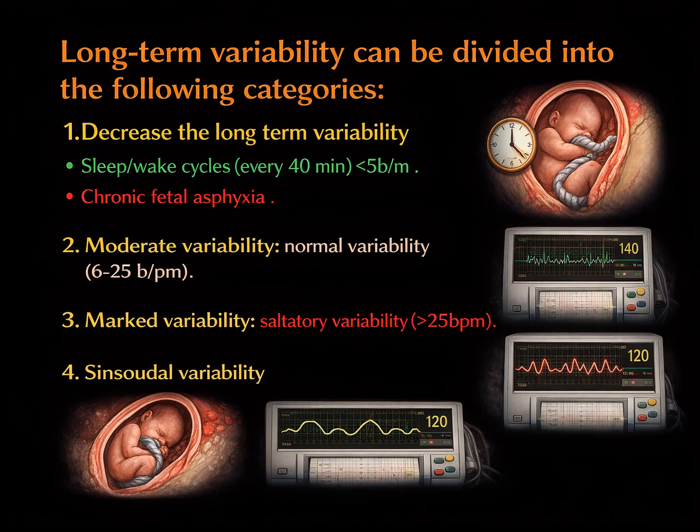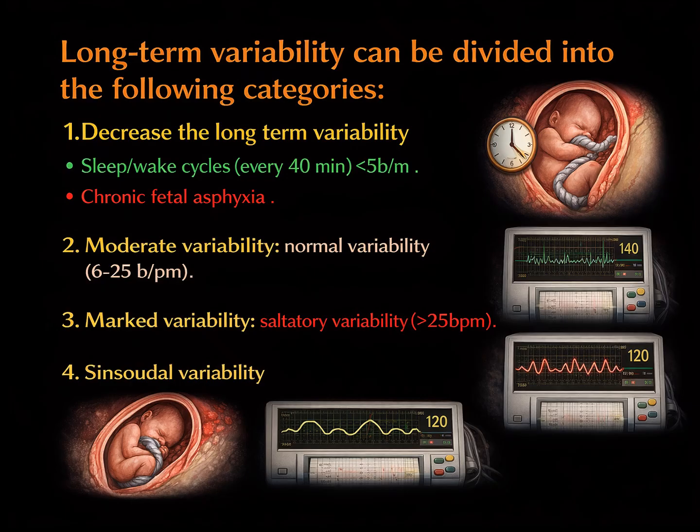Fetal heart rate variability varies. So we are talking about the long-term variability. We are talking about either a decrease in the long-term variability, which could be physiological due to the sleep cycle of the baby, but shouldn't exceed 40 minutes, or it could be pathological due to chronic fetal asphyxia or acute fetal hypoxia.